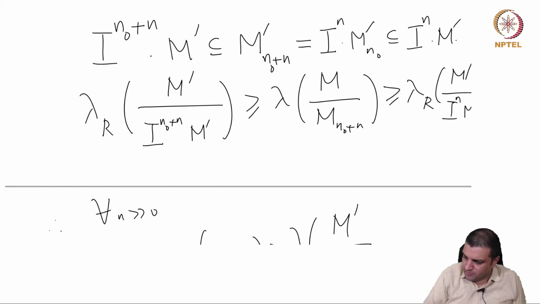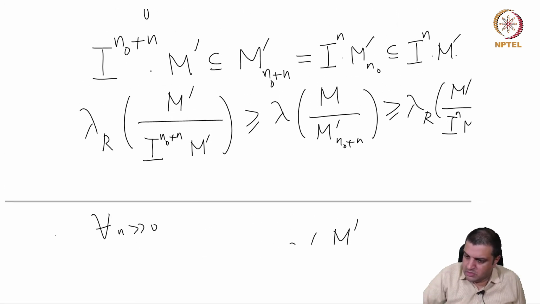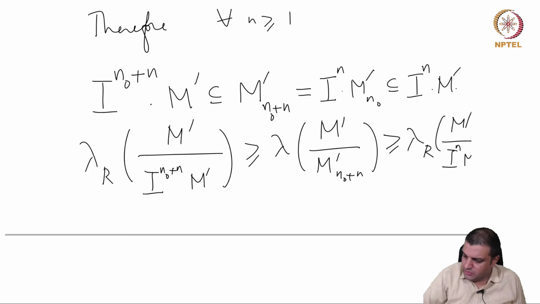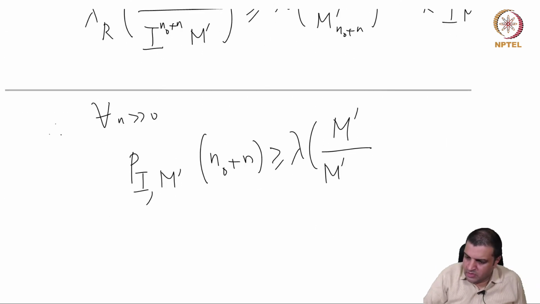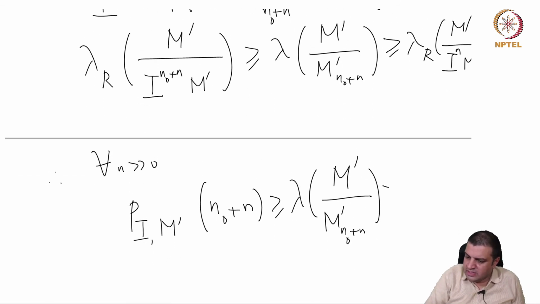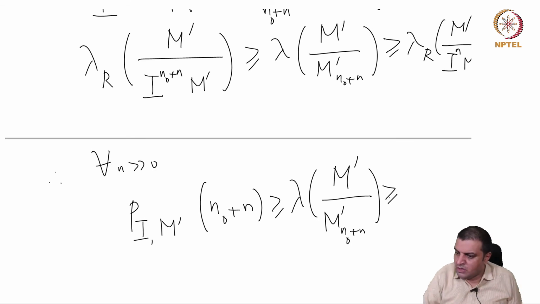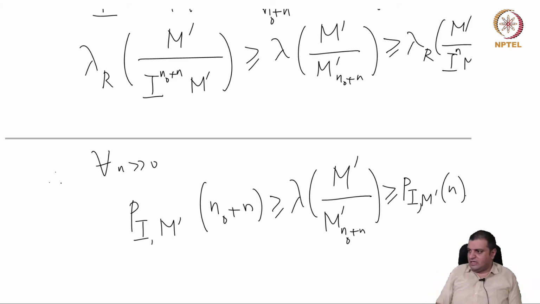So M prime mod M prime_{n0+n}, and this is greater than or equal to this thing again with an offset of 1, which is given by p_{I,M prime} of n for all sufficiently large n.